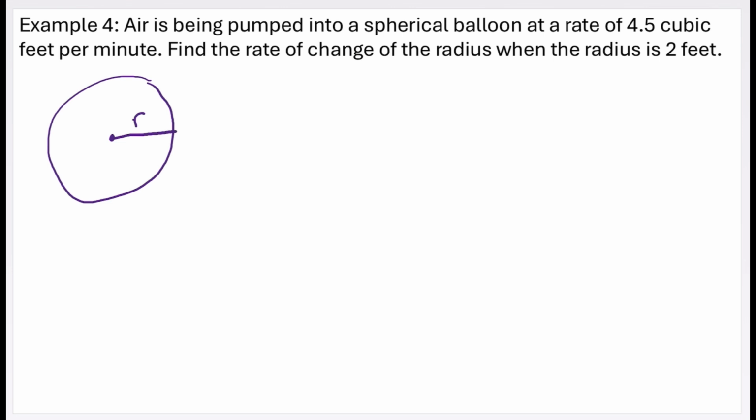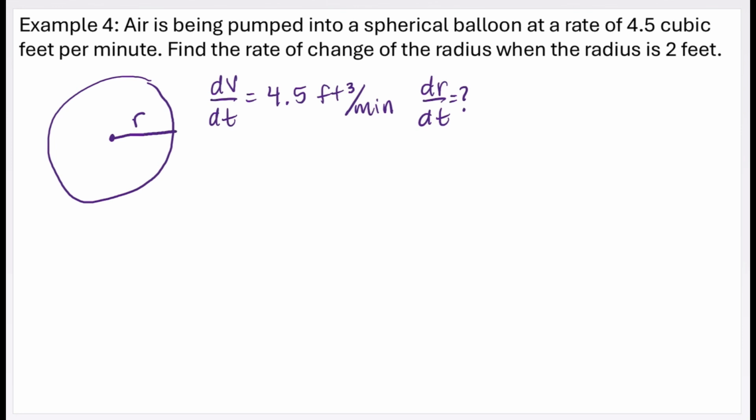dV/dt, so the air being pumped into the spherical balloon at a rate of 4.5 cubic feet per minute, that is changing the volume of the balloon. So dV/dt equals 4.5 cubic feet, or feet cubed, per minute. And then we're trying to find dr/dt. That's what we're looking for.